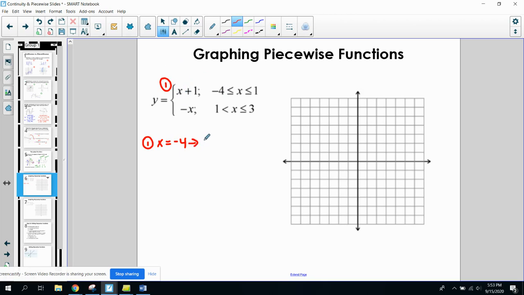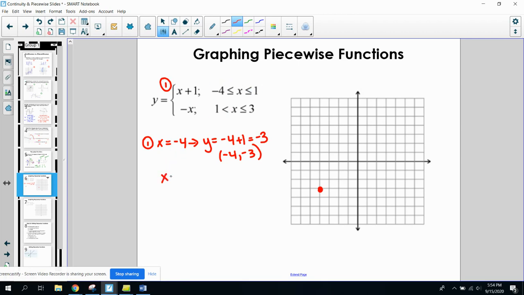So I'm going to say that y is equal to -4 plus 1, which is equal to -3. So that means the point -4, -3 is going to be on my graph. So I'm going to go to -4, -3, and I'm going to put a closed circle because my inequality symbol includes it.